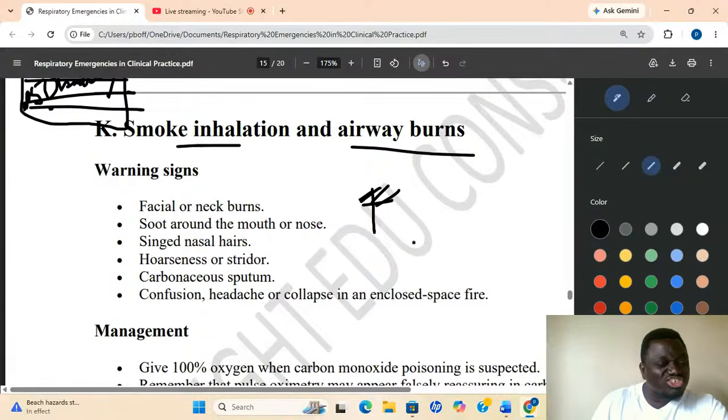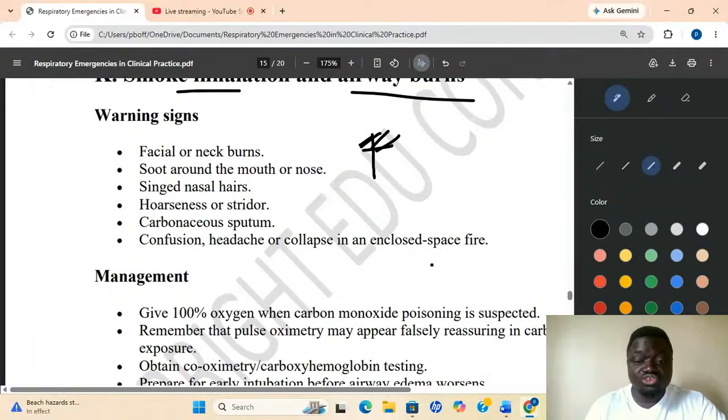Hoarseness and stridor. And carbonaceous sputum. And confusion, headache, or sometimes they collapse. You found them collapsed in an enclosed fire space.